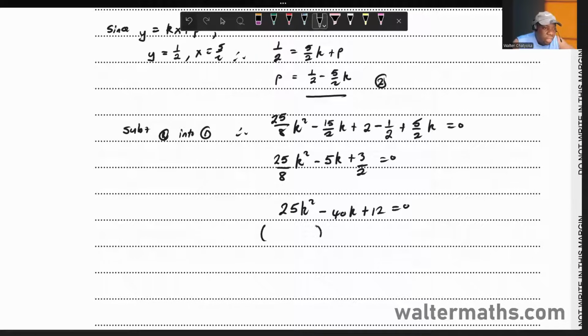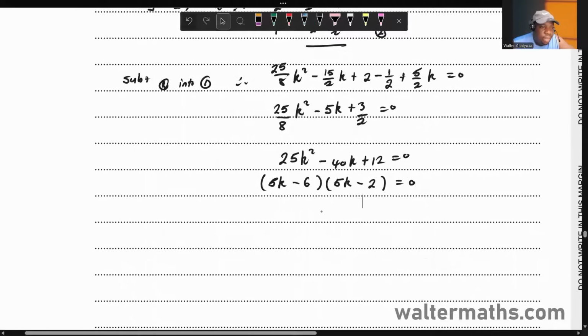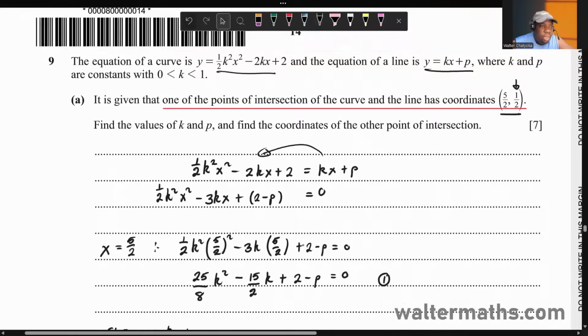And we can actually factorize this. 5k here, 5k here. Then minus 6 and minus 2. And it's factorized. So the possible values of k are 6/5, or k is 2/5. The question is saying we should find the values of k and the values of p.